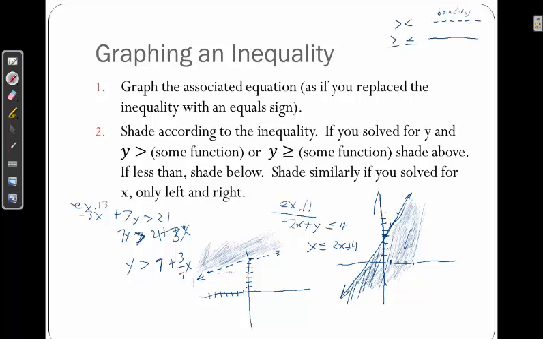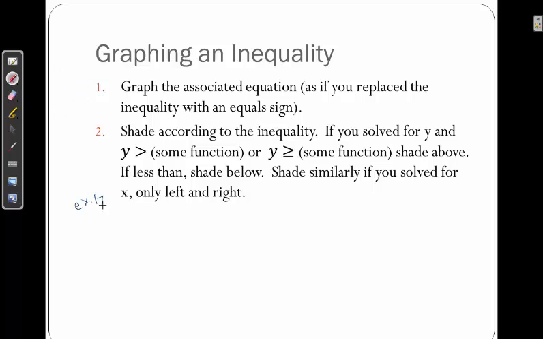Exercise 17, where I have x squared plus y greater than or equal to 3. Well, let's see. y is greater than or equal to negative x squared plus 3. Well, if you graph that, negative x squared plus 3, I'm just going to make a very simple graph here, but it's a parabola. And it's downward facing.